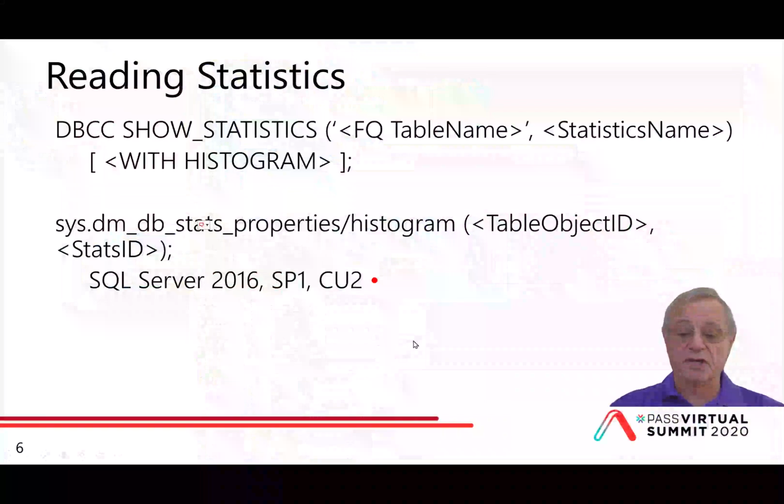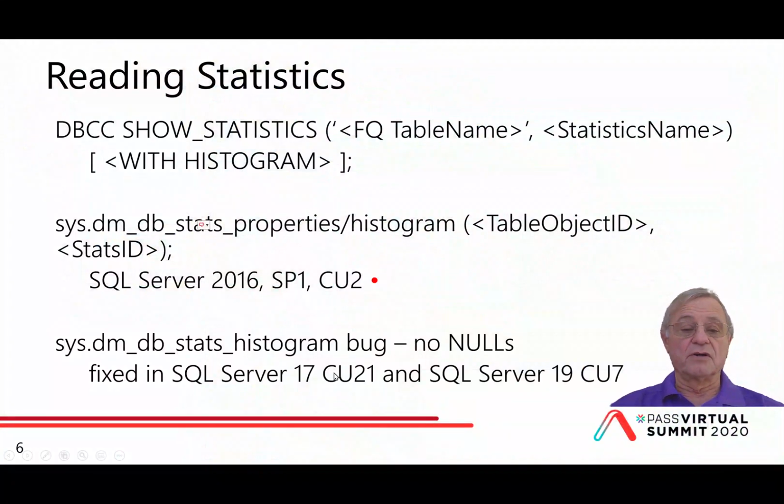But it's good to point out because if you are not on SQL Server 2017 CU21 or newer, or on SQL Server 2019 CU7 or newer, and I'm not, I'm on 2019 but prior to CU7, then that bug still exists and you will not get nulls in the dynamic management view results.